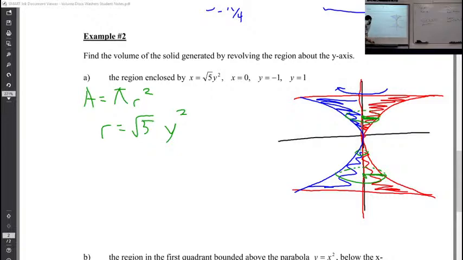So when we write our integral, there, squared. All in terms of y, so dy. And then our radius was square root of 5y squared.